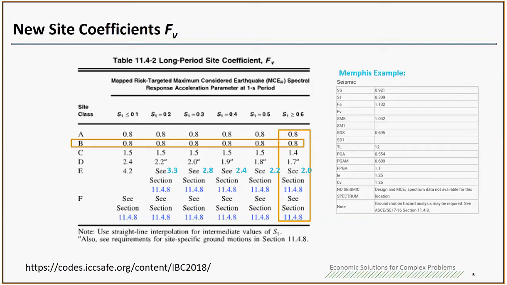That's the thing I want to emphasize in this class. Those values they provide here have some kind of special reason. You cannot use those values to calculate SD1 for the design. So you have to check Section 11.4.8 to figure out how to calculate SD1.